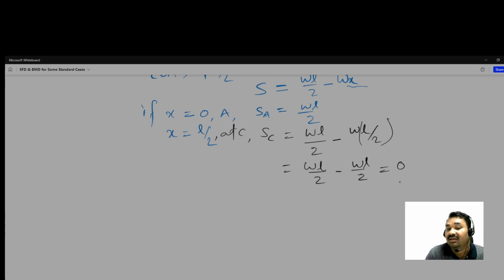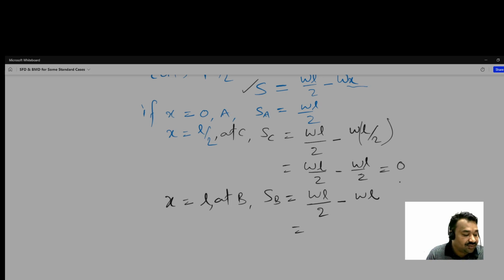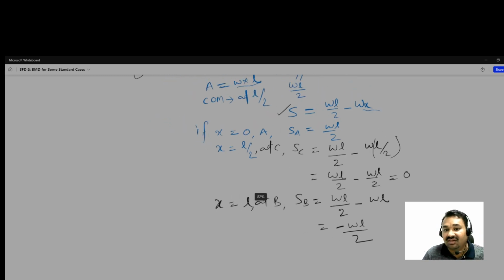So at mid the shear force will be 0. And x equal to L for the total length, means we are talking about B, SB: wL divided by 2 minus wL is equal to minus wL by 2. Okay, so from this we can draw the shear force.